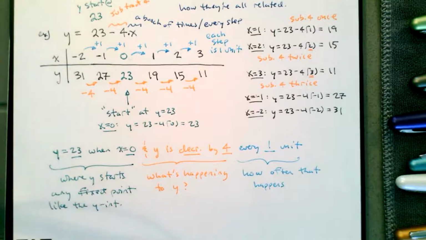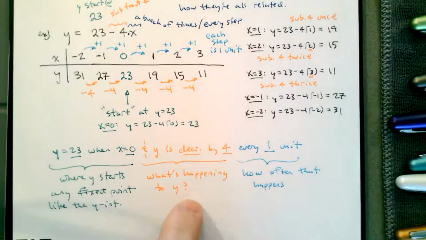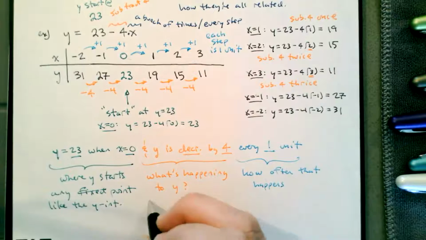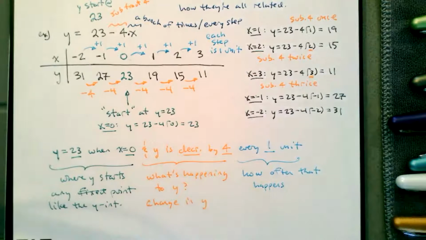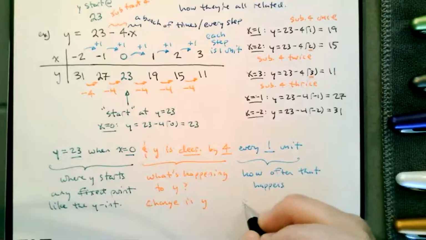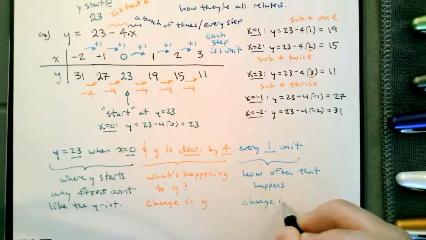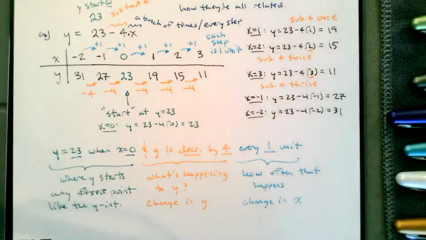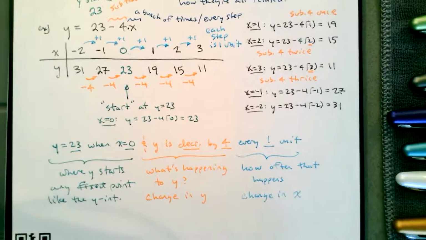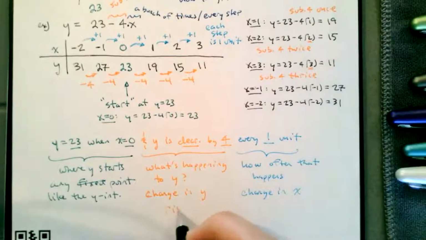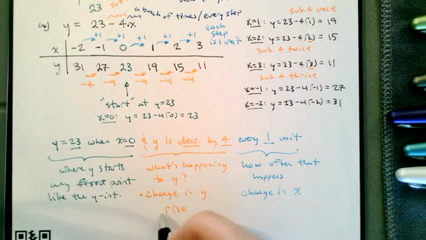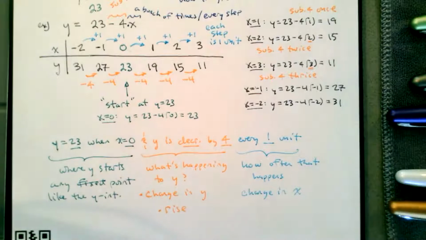So we've got this starting, which we could think of as the y-intercept. We've got what's happening to y and how often that happens. We've got some change in y. And then how often that happens is some change in x. So all we're doing is taking our familiar concept of slope is equal to rise over run and just describing what's going on. What's happening to the y is the change in the y, which we usually call the rise.